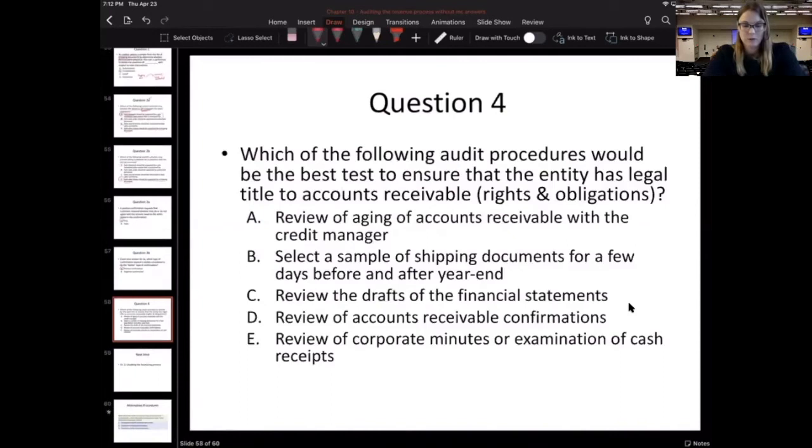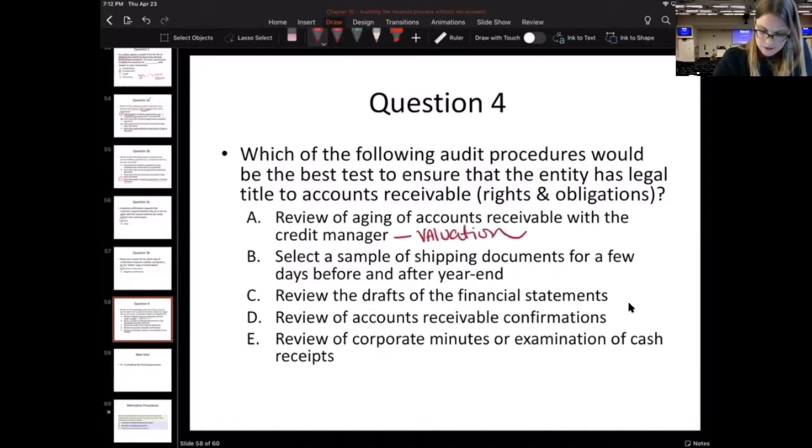And question 4: which of these audit procedures would be the best test to ensure the entity has legal title to AR, aka which of these procedures would be used to test R&O? So hopefully you went through these. A, review AR aging, tests valuation.